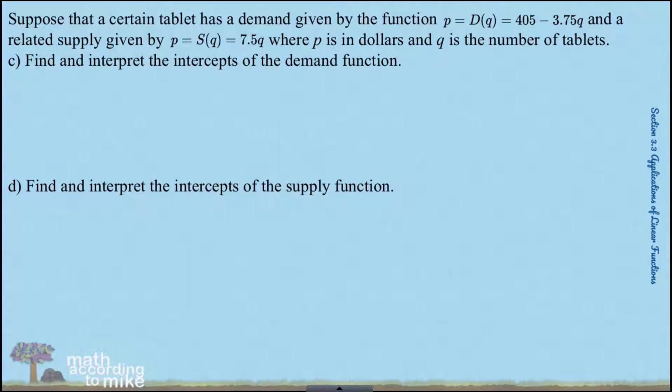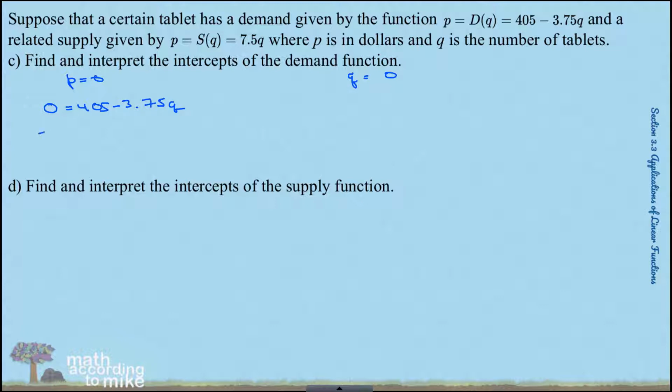All right. Part C. Find and interpret the intercepts of the demand function. Remember, intercepts occur when one variable equals 0. So we're going to need to do when P equals 0 and when Q equals 0. So again, we're focusing on the demand function. If P were 0, we'd have the equation 0 equals 405 minus 3.75Q.